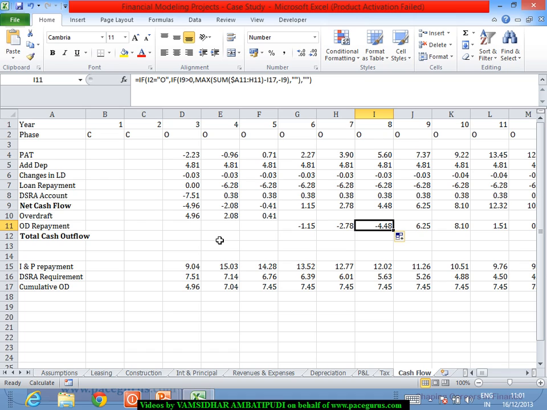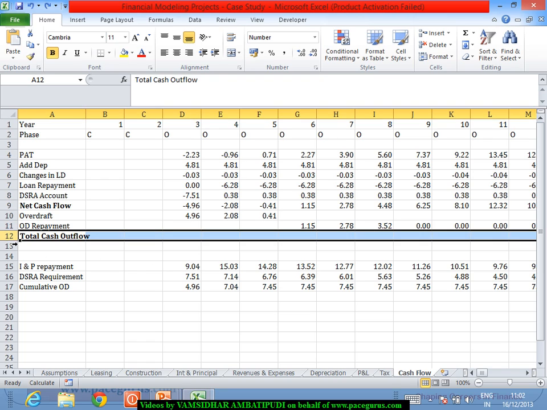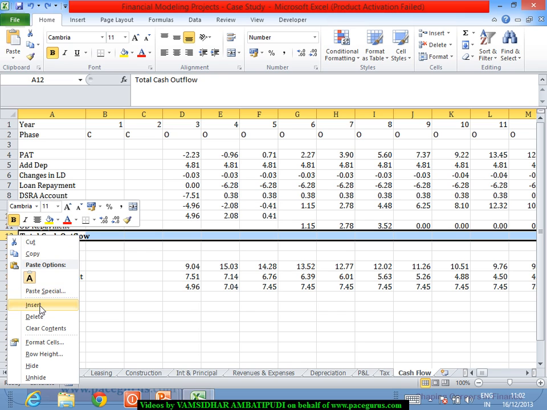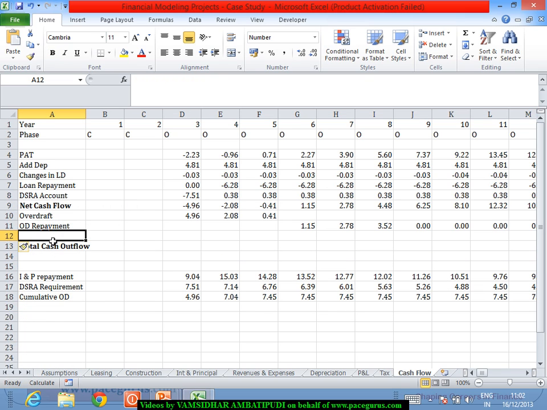So okay, let me revert back now. These are the positive things, right? I'll go back to the original. So probably the simpler thing for me is to put another element, the OD payment.